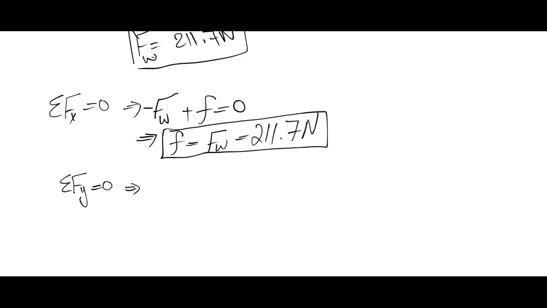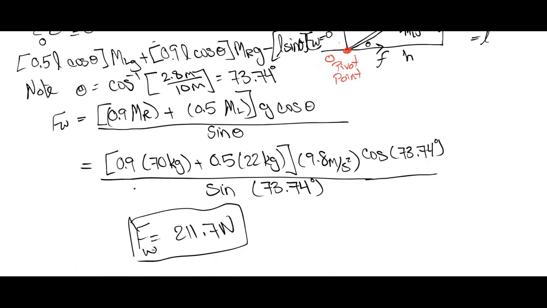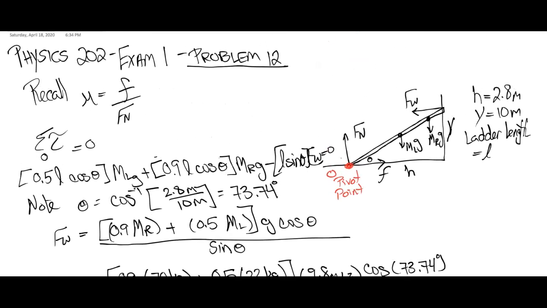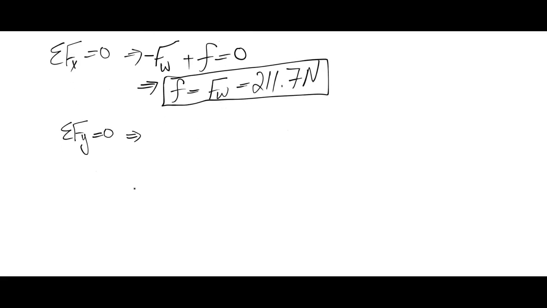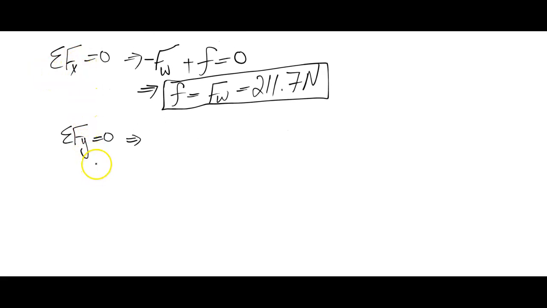Again, if you look at the free body diagram, you notice that we have some forces in the y, and if we use our convention, we have normal force to the top, the mass of Romeo times g pointing downward, the mass of the ladder times g pointing downward. Those are the only forces in the y direction.